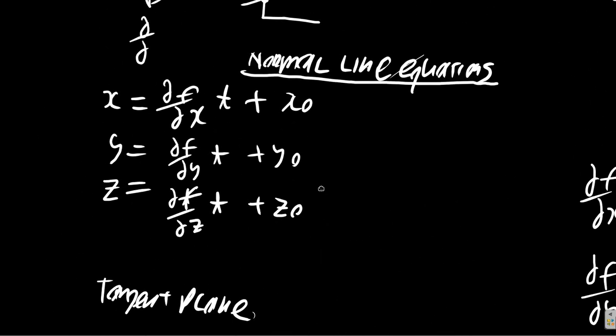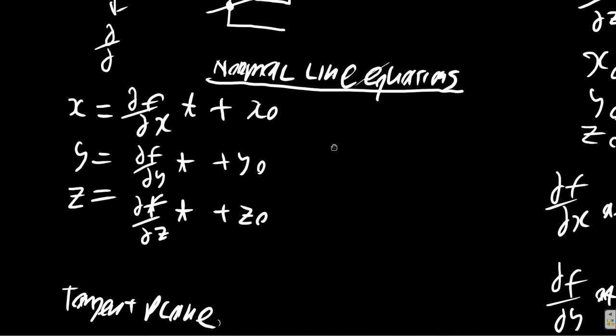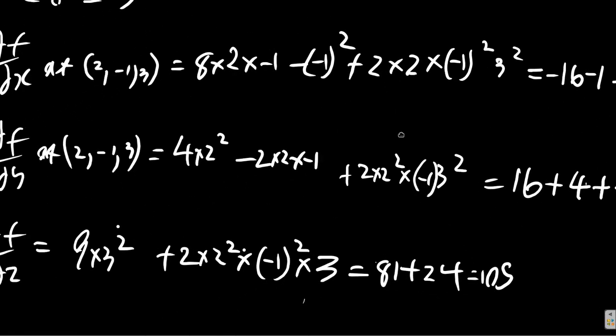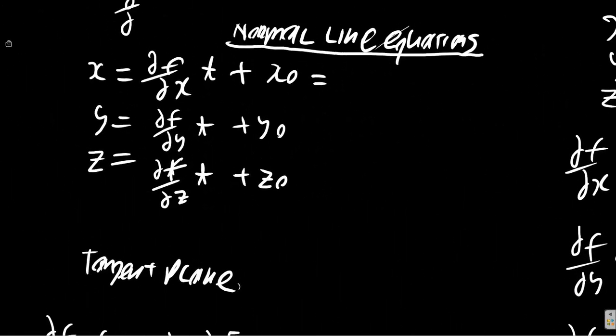Now, as for our normal lines, this will be delta f by delta x. It was 19. So, this is 19t plus 2, if my memory serves me right.